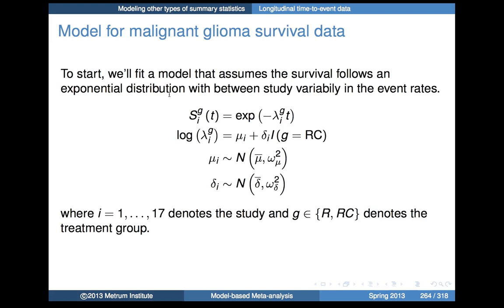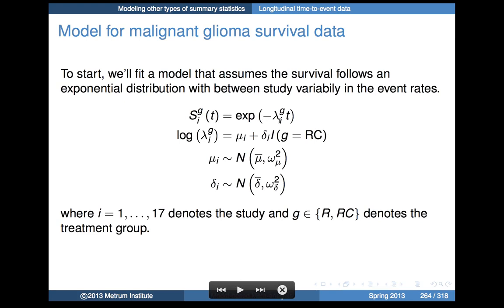So to start with, we'll fit a model that assumes that the survival probability follows an exponential distribution, and will allow for some between study variability in the underlying event rates. Specifically, we'll say that the true survival probability in study i, in treatment group g, at time point t, is e to the minus lambda_ig times t.